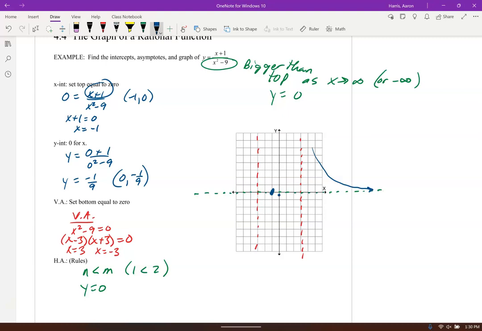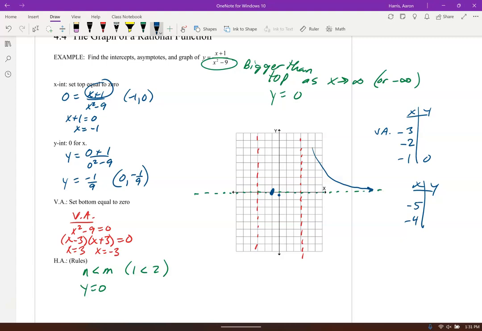I only have 2 so far, so let's go to the left of -1. So let's go with like -2. I'm not going to throw in -3 because that's my vertical asymptote, but it'd be nice to throw in like -4, -5, a few to the left of that vertical asymptote.